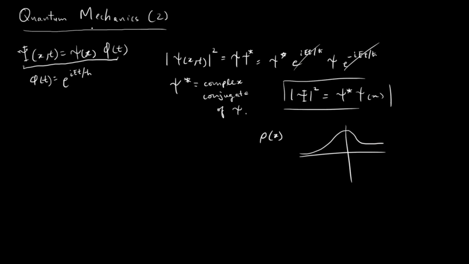there's a certain behavior. Let me just draw it a little better. Good enough. There's a certain behavior on probability densities, because since it's a probability density, it shows where we have the highest probability of finding the wave function at any given interval.